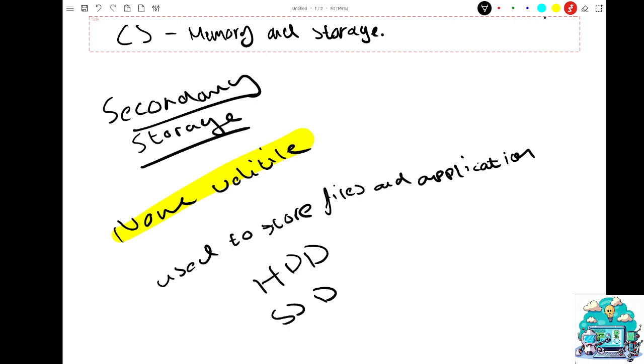If we were to use RAM here, it wouldn't be efficient because of the number of times we would constantly be redoing our work and installations. And as I said before, RAM is temporary, volatile storage.